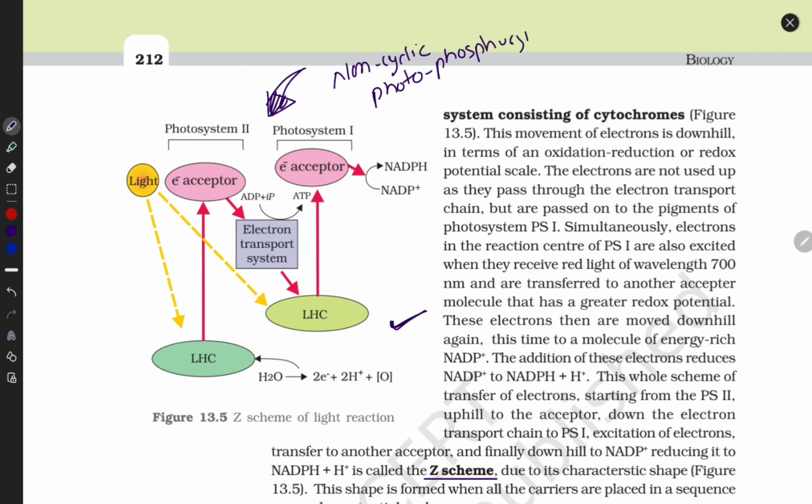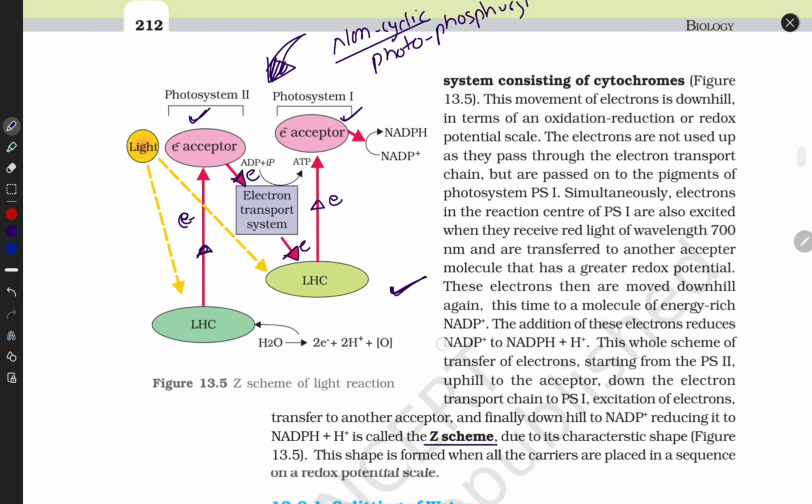non-cyclic photophosphorylation. How can we say this is non-cyclic? Because the electron passes from here to here, then here, again this, and again here. The electron is transported from one photosystem to another photosystem, but these electrons can't come back to their original location.